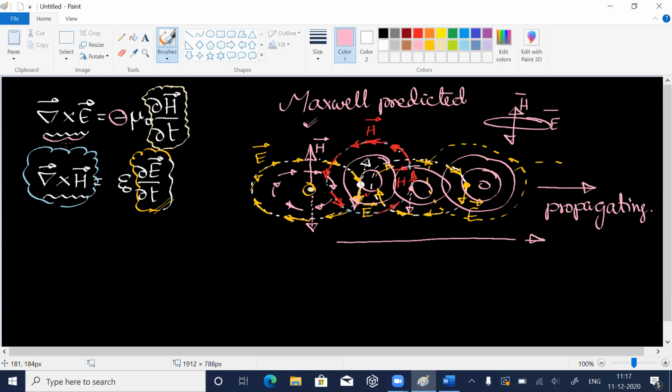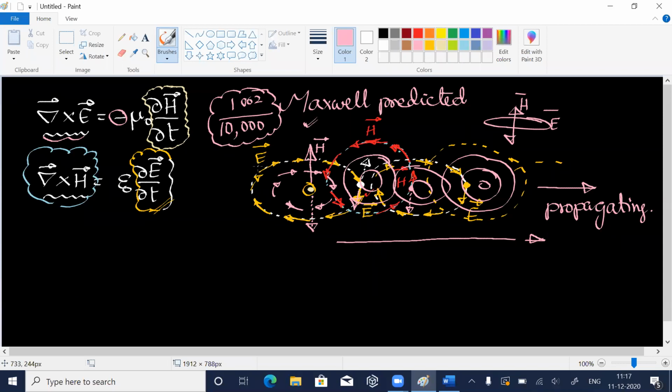Because everyone says that time varying magnetic field will produce electric field, time varying electric field will produce magnetic field. But I know out of, say, 10,000 students, one or two will give this picture clarity. I can bet this.